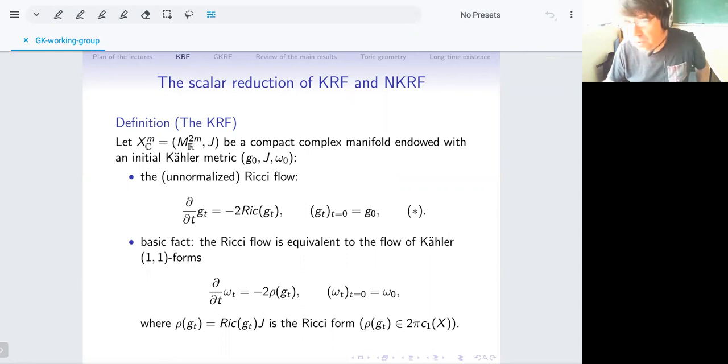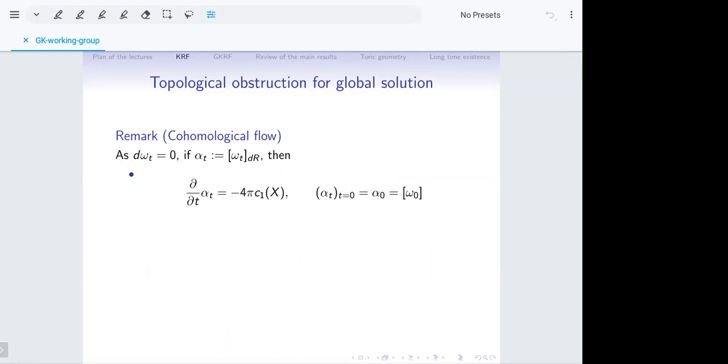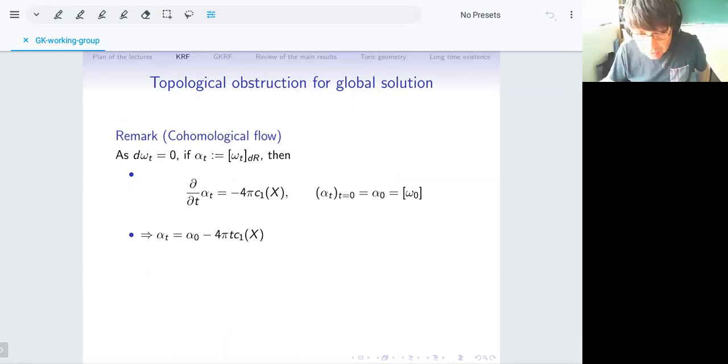So it doesn't change. Because of that, along the flow these cohomological de Rham classes will have a fixed time derivative, and therefore we can solve this problem. We can say that alpha t, the de Rham class of omega t, will be alpha 0 minus 4π t c1(X). It's just on the cohomological level, you have this evolving the de Rham classes.